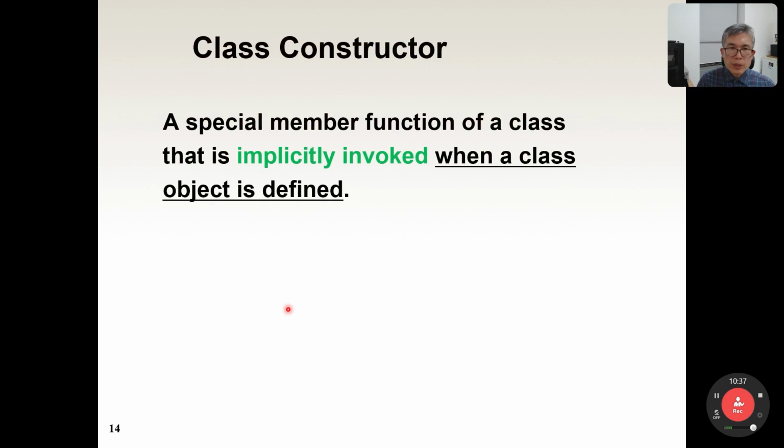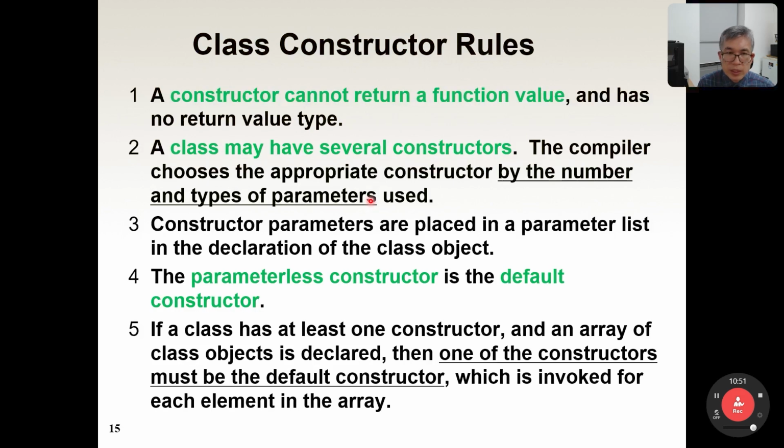First of all, a class constructor is a special member function of a class that is implicitly invoked whenever a class object is defined or created. So the class constructor rules are as follows.